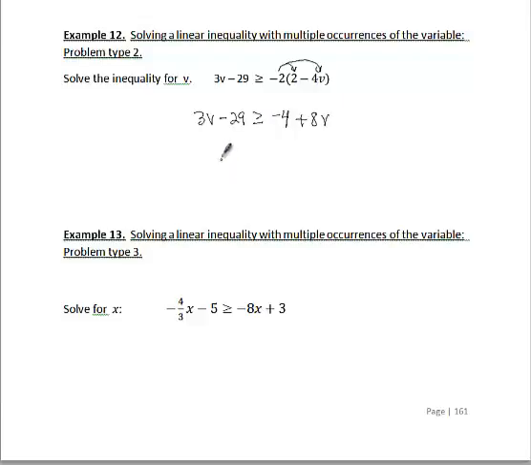I will move the smaller number. Okay, 3 is smaller than 8, and so what I'll do is I'll move the 3v by subtracting it. 3v cancels on the left, and I bring down a negative 29.